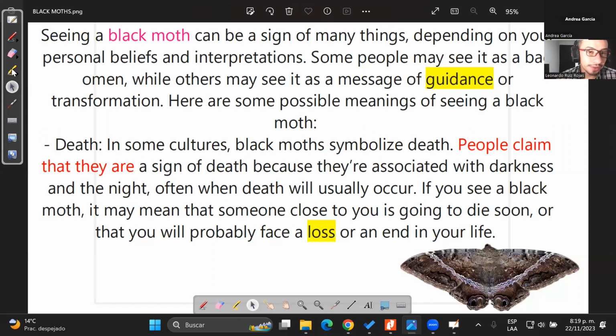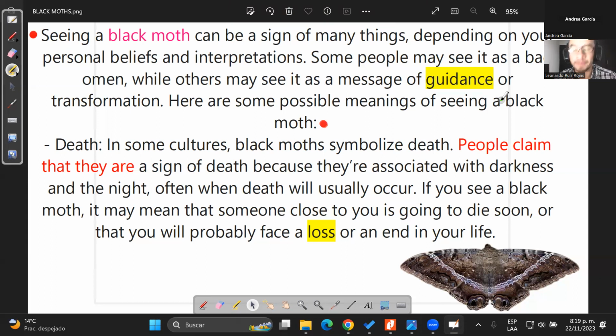My dear Andres, we're going to read this text and you tell me what you think about it. Ready? Go ahead, start the first paragraph. I read the second one. Seeing a black moth can be a sign of many things, depending on your personal beliefs and interpretations.